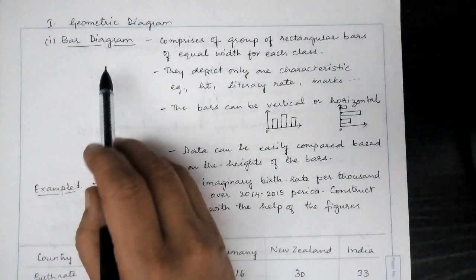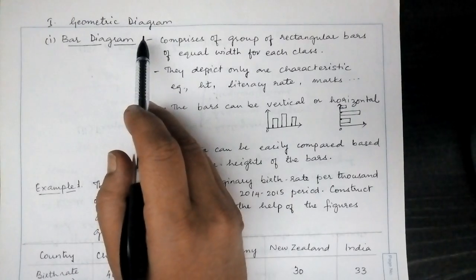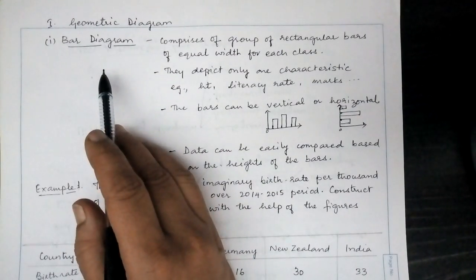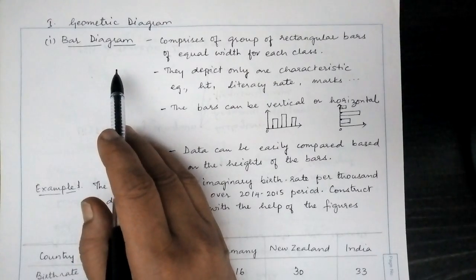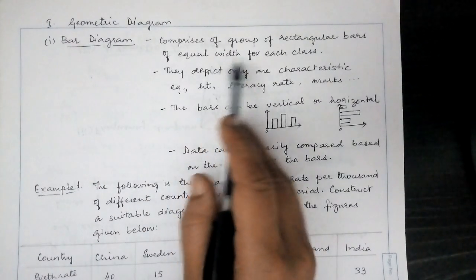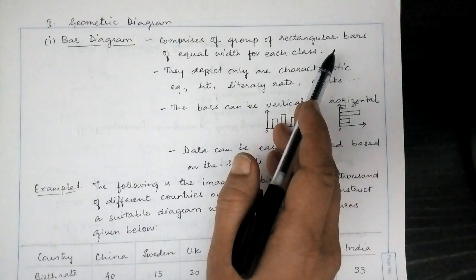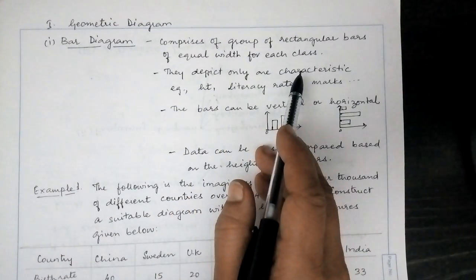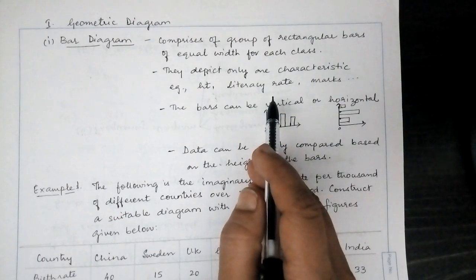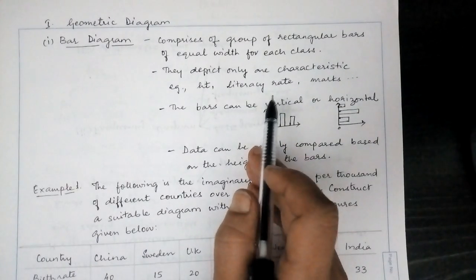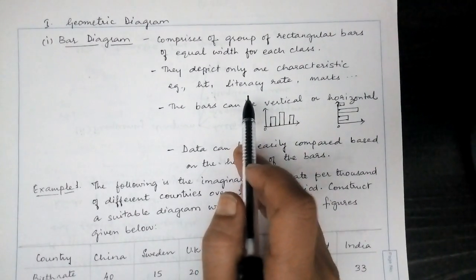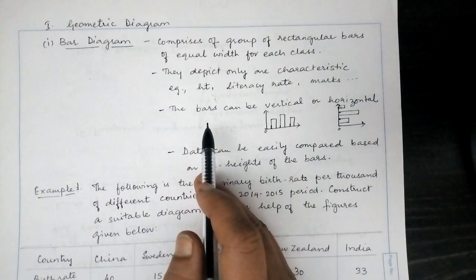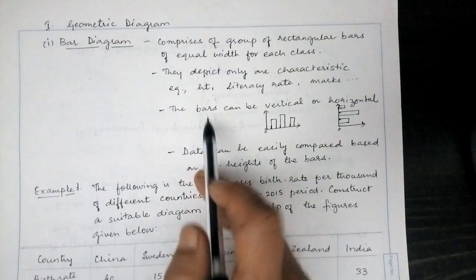Let us now look at the very first type of diagram, the geometric diagram. Under this, bar diagrams. Bar diagrams comprise a group of rectangular bars of equal width for each class. Of course, bar diagrams you have done in your previous classes, but here in 11th we are going to learn them under statistics and economics, not mathematics.